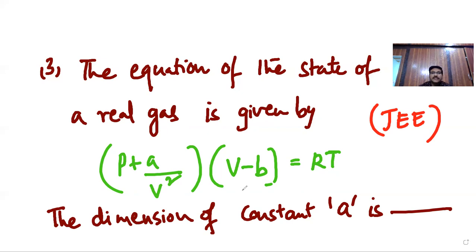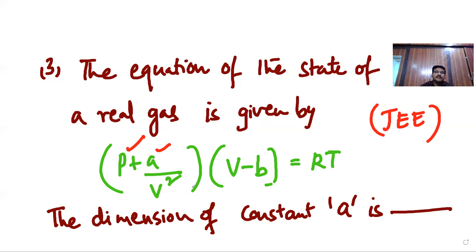Whenever you get such a question, first you check whether it is a dimensionally correct equation or not. That's the first thing. The second thing you have to check is the principle of homogeneity. That means in this equation, when you add the terms together, all the terms should possess the same units, then only we can add or subtract.